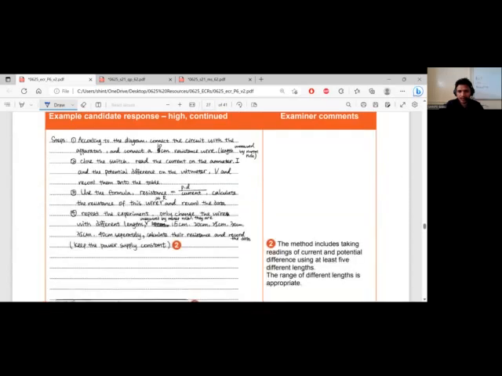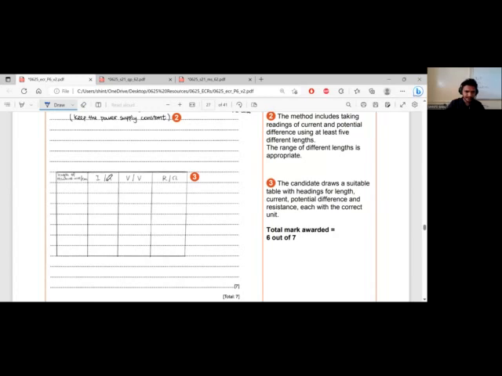Let's see how the student has done it. The length of resistance wire is noted down here, and current value and voltage value, and using this current and voltage, how to find resistance. So these kinds of things vary from question to question.